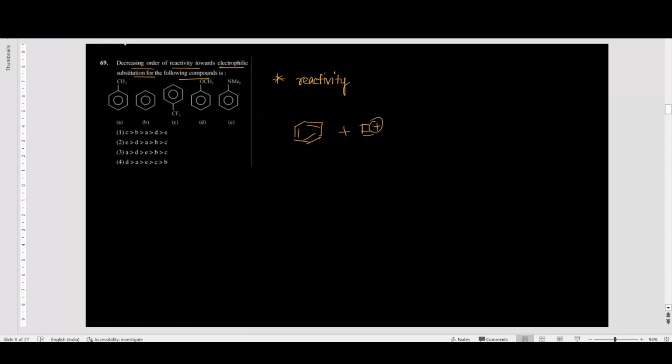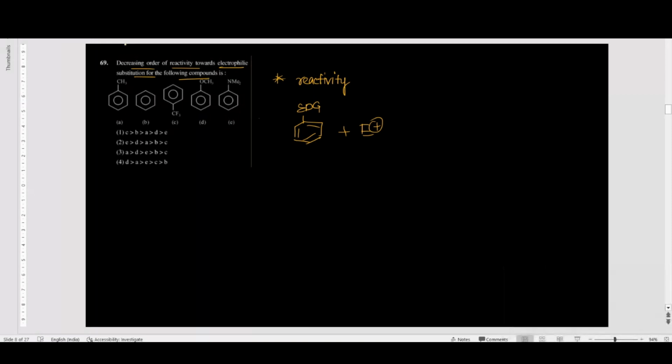So in case you have any electron donating groups on this ring, the reactivity towards electrophilic substitution reaction will increase, right? In case it contains an electron withdrawing group, it withdraws the electrons, so it can't give electrons, and the reactivity towards electrophilic substitution will decrease, right? So you just need to check if there are any electron donating groups, then its reactivity will be more.